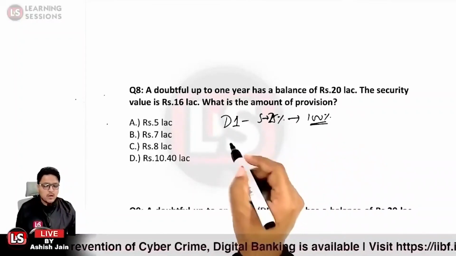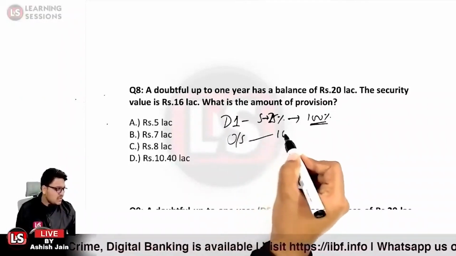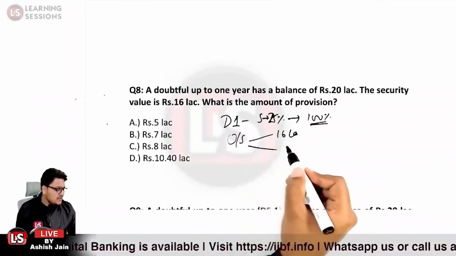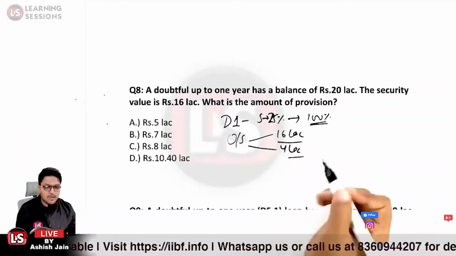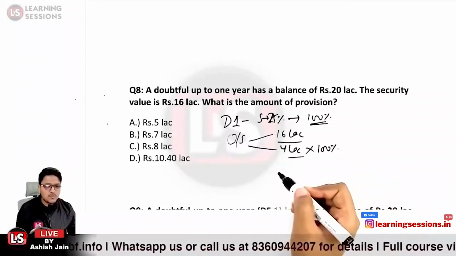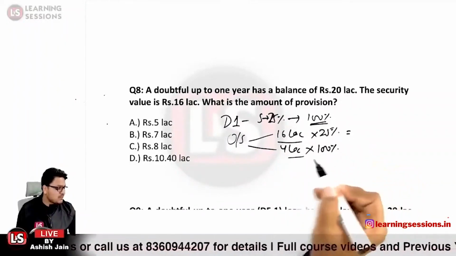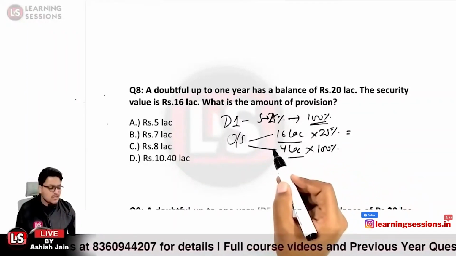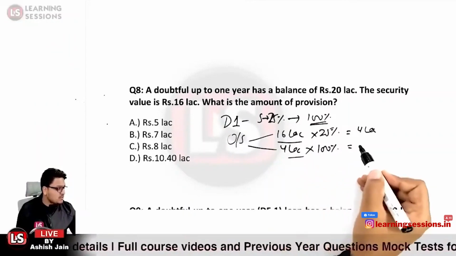Out of the outstanding balance of 20 lakh rupees, 16 lakh rupees is the secured part, and for the 4 lakh rupees for which security is not available, that is the shortfall of security, it is the unsecured part and 100% provision is to be maintained. For the 16 lakh, 25% provision is to be maintained. 25% of 16 lakh is 4 lakh rupees, and 100% of the 4 lakh is again 4 lakh.